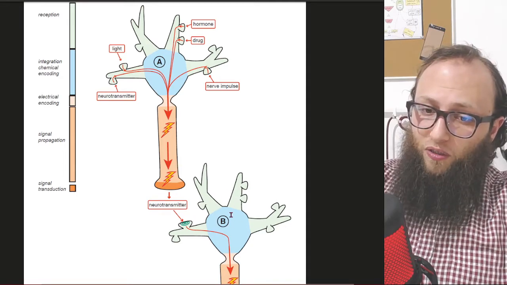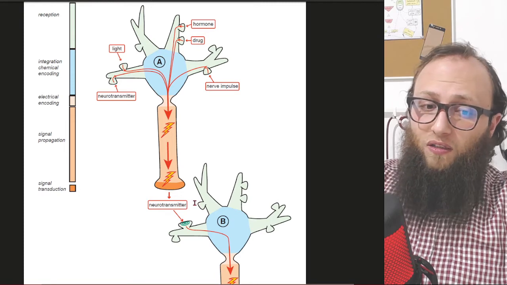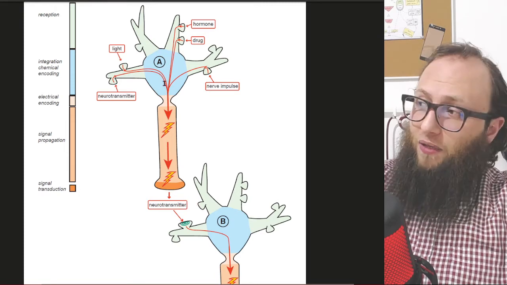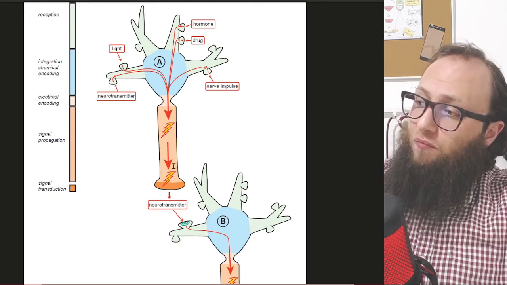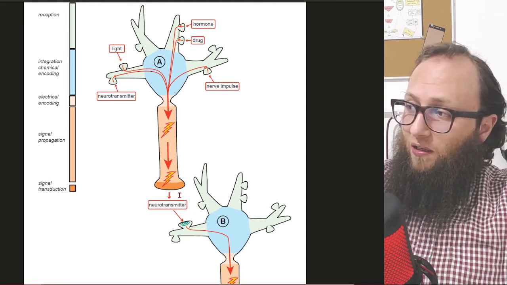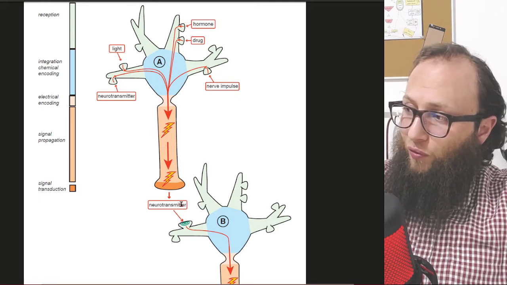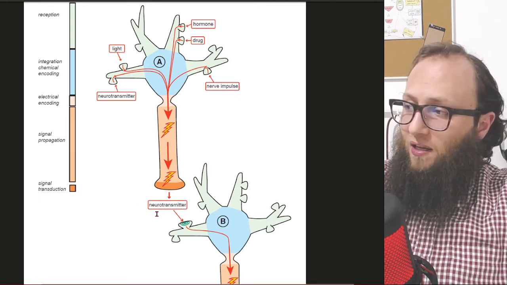This is the postsynaptic neuron. Thus, although communication within the neuron is electrical, the communication between neurons in general is chemical. So the connection within the neuron is electrical, but between neurons is chemical, as we can see here.